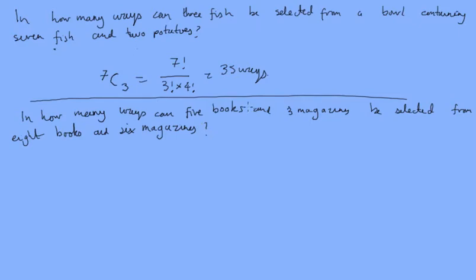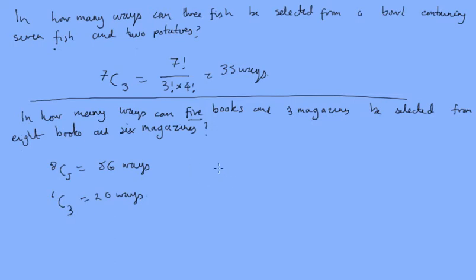What we need to do is split this up into 2 parts. We need to deal with the books and then the magazines. We've got 8 books and we want 5, so that's going to be 56 ways. And we also want 3 magazines and we're picking from 6 magazines, so that's 20 ways.